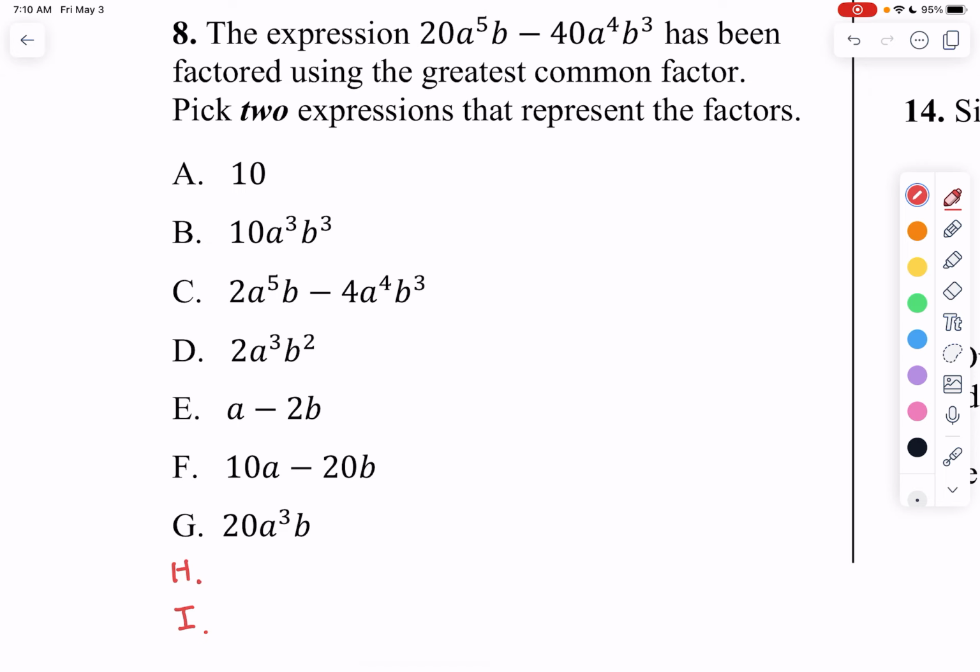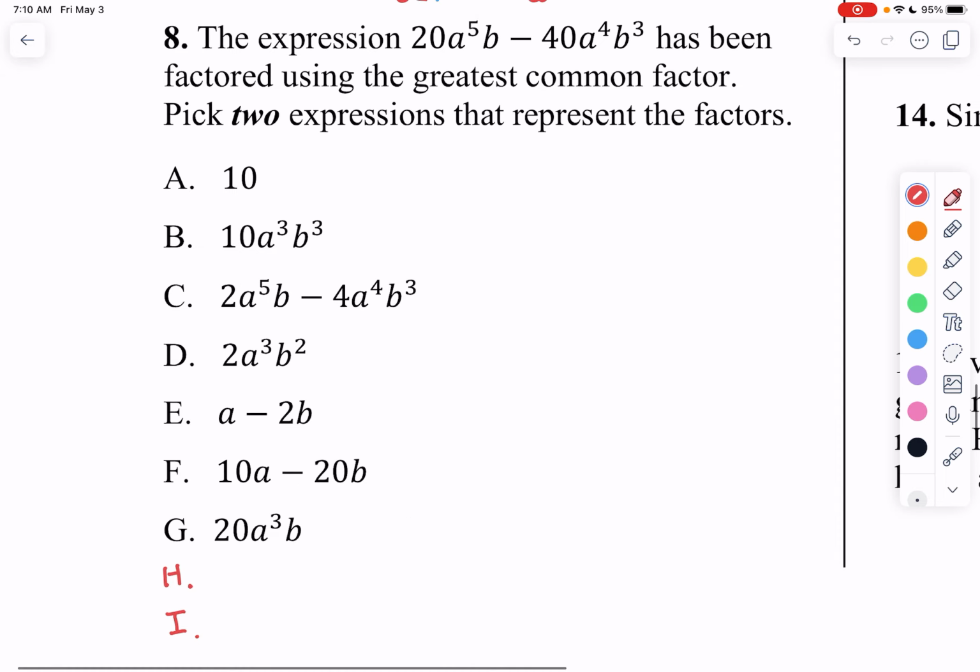What's happening here is the expression 20a to the power of 5b minus 40a to the power of 4b to the power of 3 has been factored using the greatest common factor.